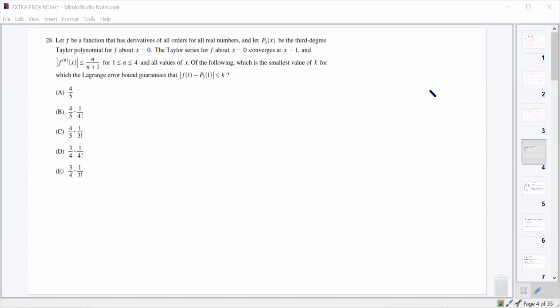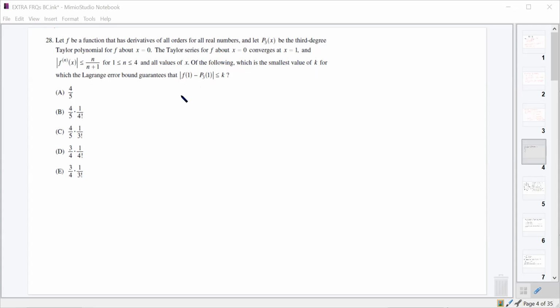All right. Okay. And we want to know which is the smallest value of k for which the Lagrange error bound guarantees that f of 1 minus the third degree Taylor polynomial at 1 is less than or equal to k. So f of 1 minus the third degree Taylor polynomial at 1, this is our error.